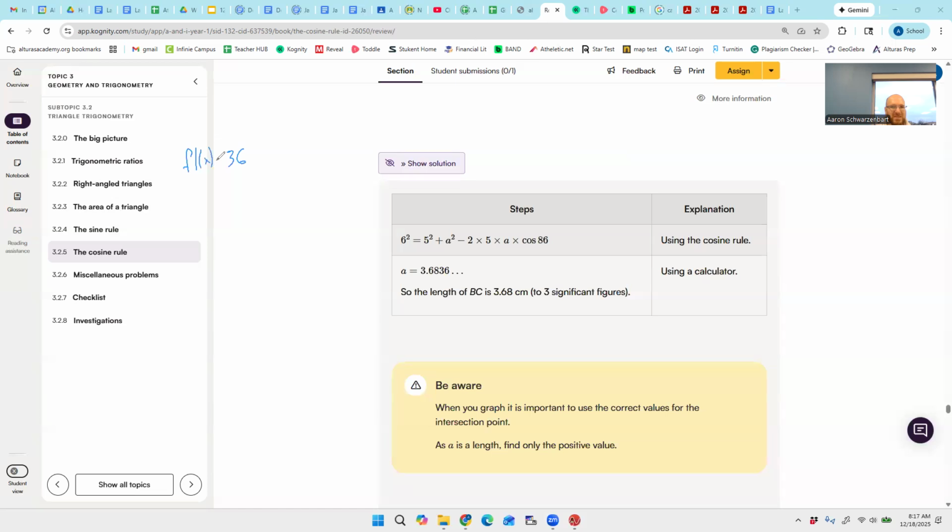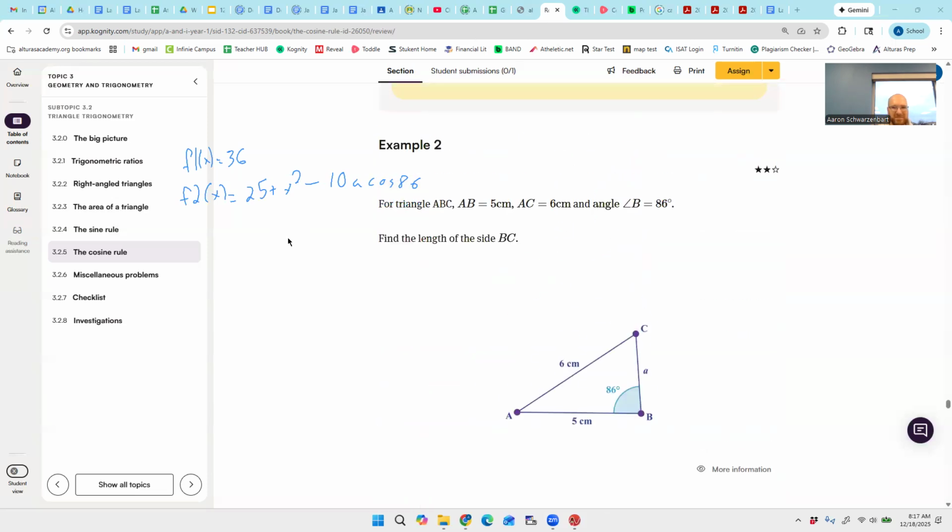F1 of x, F2 of x equals 25 plus x squared minus 10a cosine 86. Graph them, find the intersection point. I would do this by law of sines.